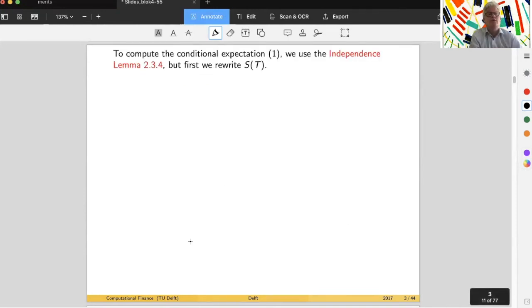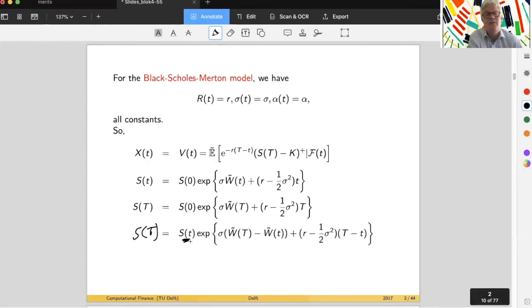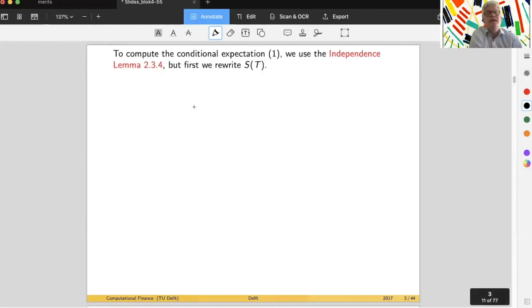Now, in order to get the conditional expectation that we would be dealing with, we will use the independence lemma, which was Lemma 2.3.4. But in order to do that, we first rewrite the value of the stock at the final time.